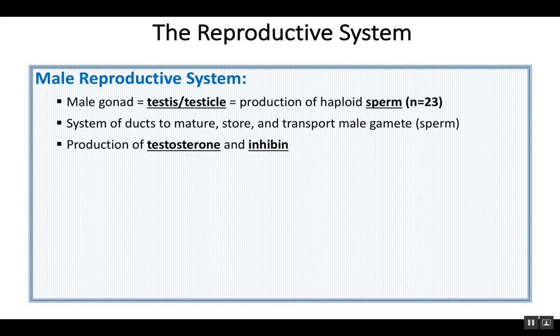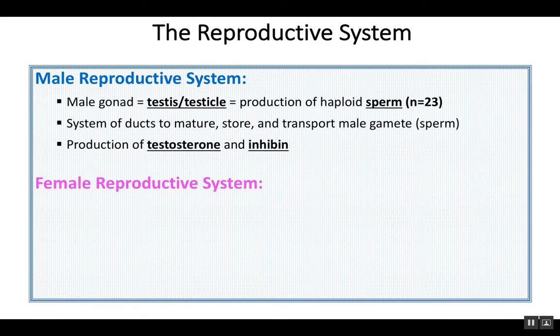The testis produces testosterone and inhibin. And we'll be reminded of hormones that target the gonads. These hormones include follicle stimulating hormone and luteinizing hormone. We'll also learn about the three male sex glands. The three male sex glands produce secretions that are added to sperm as they travel down the system of ducts.